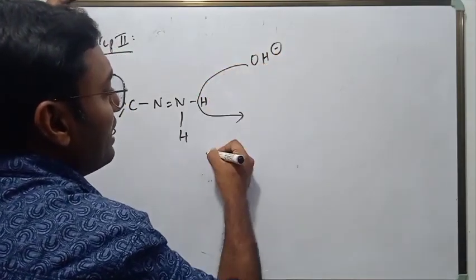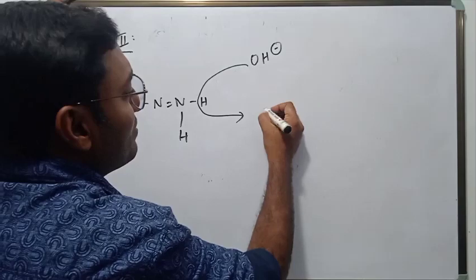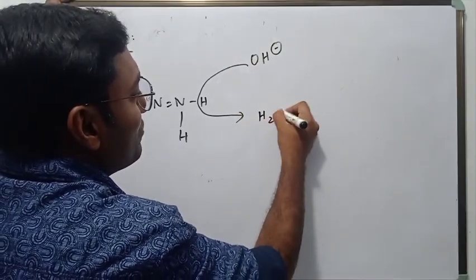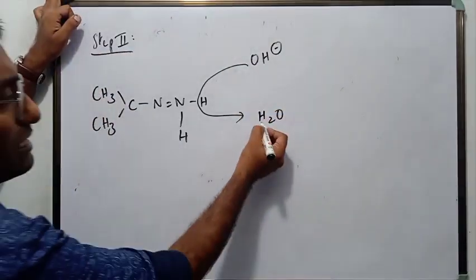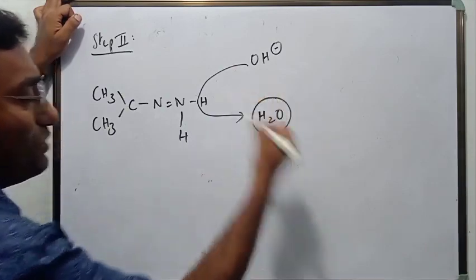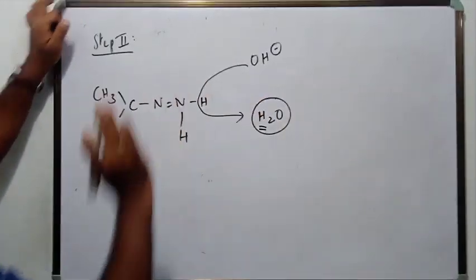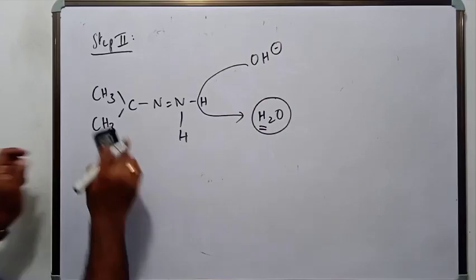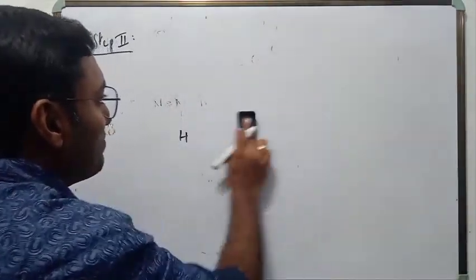Correct? When it knocks out a proton, what would be the result? It would become H2O. Please keep that in mind. We are going to use this H2O in the third step. Fine. So now let's go to step number 3.